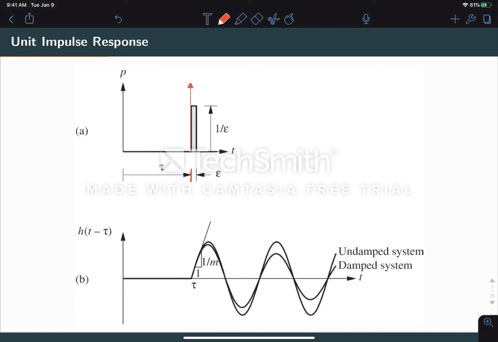It will be 0 for time before tau, and at time tau it will look like a free vibration response with an initial velocity, an initial slope of 1 over m, and depending on whether it's undamped or damped, it will either continue to oscillate or decay.